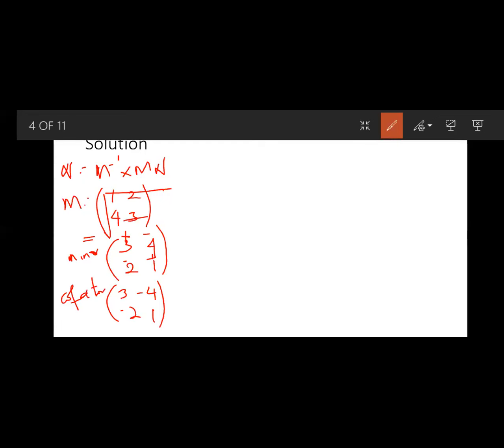So the next thing, find the adjoint. To get the adjoint, you find the transpose of this. So adjoint will be equal to, if you find the transpose, 3, minus 4, minus 2, 1.